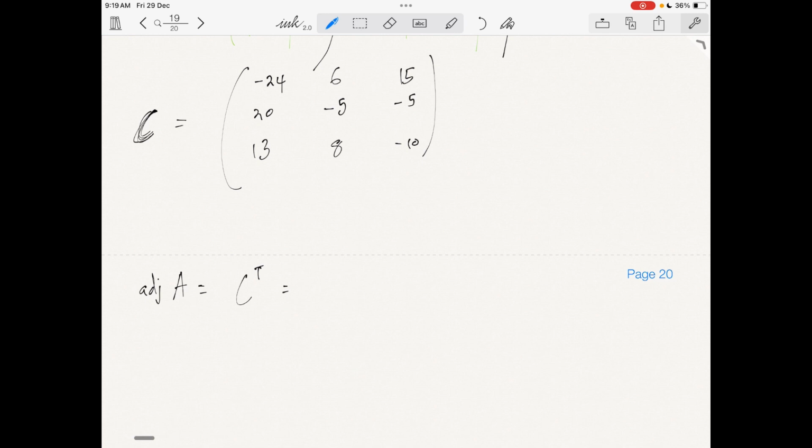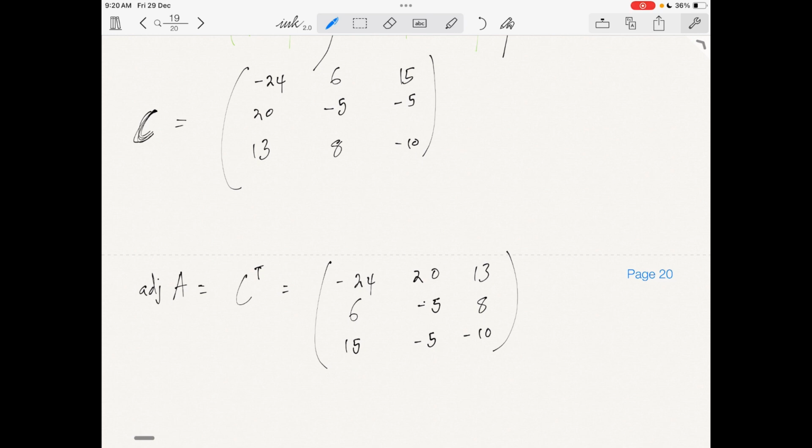We take a row or column and turn it to the other. This gives us minus 24, 20, 13. We take the next column and turn it to a row, which gives 6, minus 5, 8, and the last gives 15, minus 5, and minus 10. Now this is the adjoint of the original matrix A.